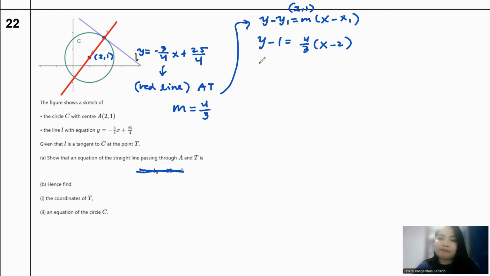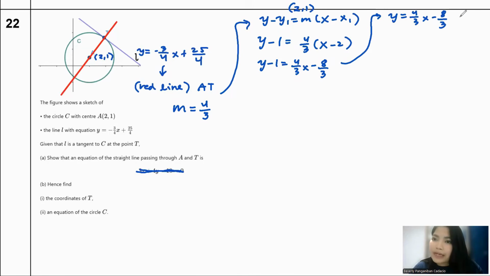Then we simplify. y minus 1 equals 4/3 x minus 8/3. I'm just doing the rainbow method. Then y equals 4/3 x minus 8/3 plus 1, because I'm adding 1. Simplifying, 8/3 plus 1 will be negative 5/3.